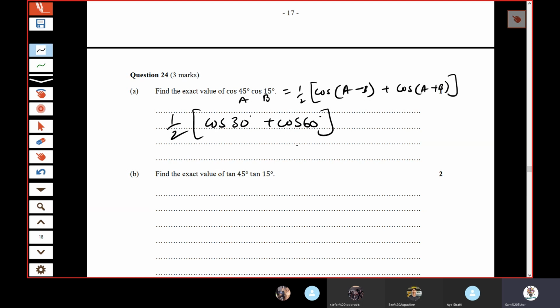Plug it into your calculator. Cos 30 should give you root 3 on 2. Cos 60 should get you a half. And your answer should become root 3 plus 1 on 2 times 2, which is 4.